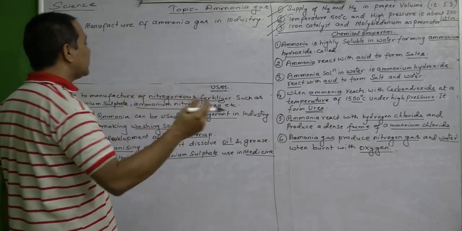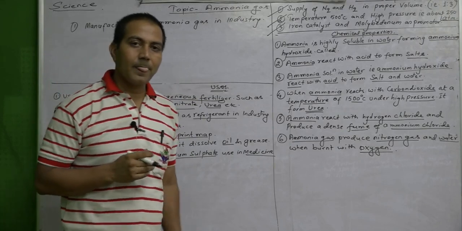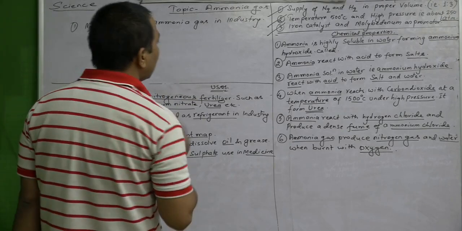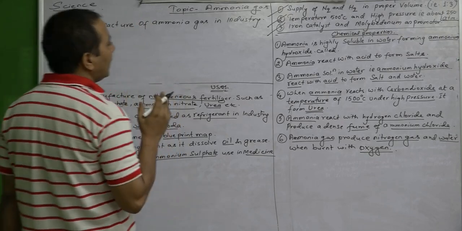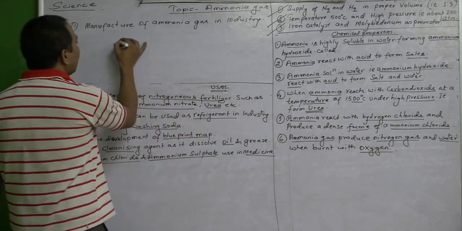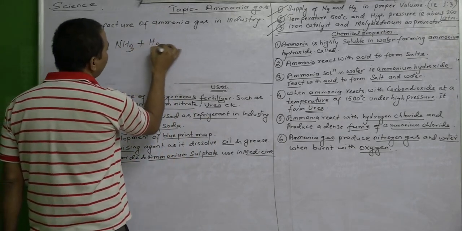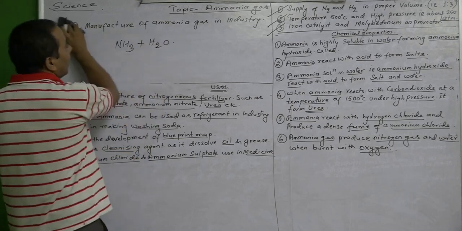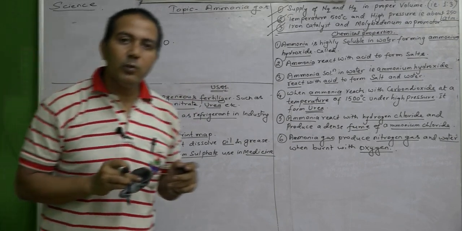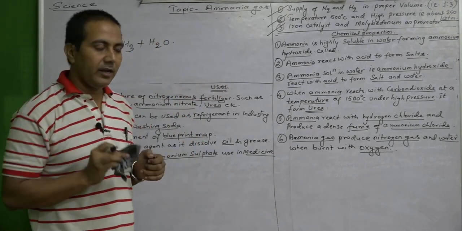Now comes the next topic, the chemical properties. Ammonia, NH3, is highly soluble in water. That's why in the preparation of ammonia, what did we do? We did downward displacement of air, isn't it?